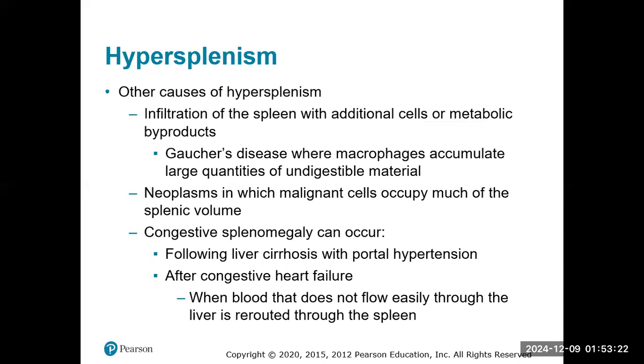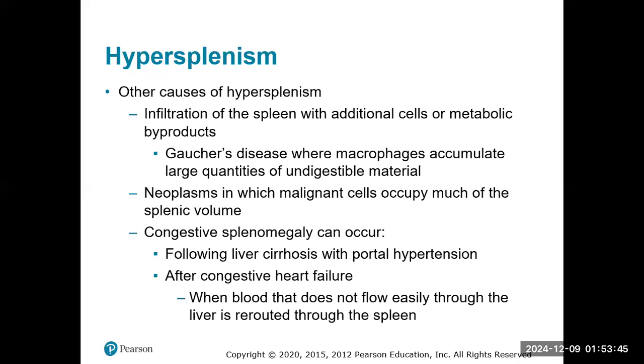These are where macrophages have all this undigested material, and the spleen is where macrophages kind of go to unload, and so the spleen gets engulfed, like gets way too many of these cells in it. You can also have neoplastic cells or malignant cells that take up the spleen volume because again, your spleen is going to try to help your body remove these types of things.